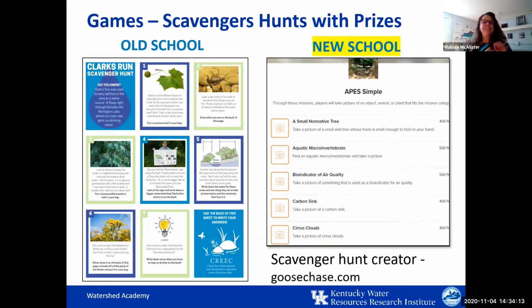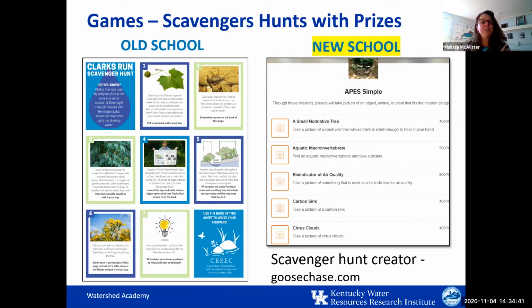Before we leave the event section of this presentation, another good way to engage participants is through scavenger hunts. We had some good success with this during a family-friendly, socially distant event this fall. They're a good way to engage people, especially community youth groups or families. The example on the left is kind of old school, but it worked great.